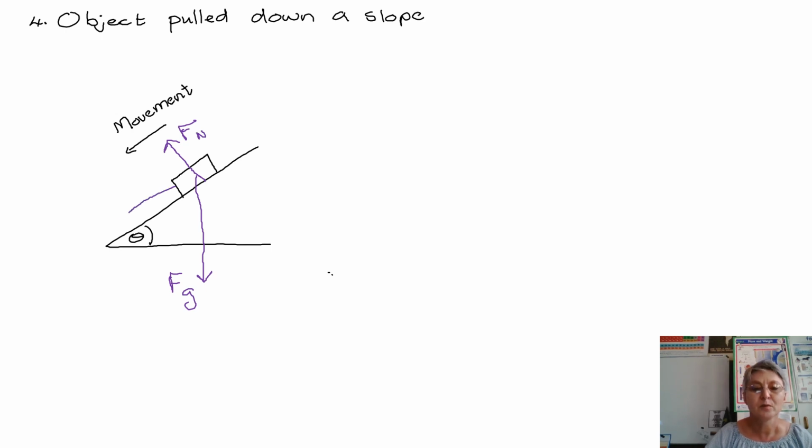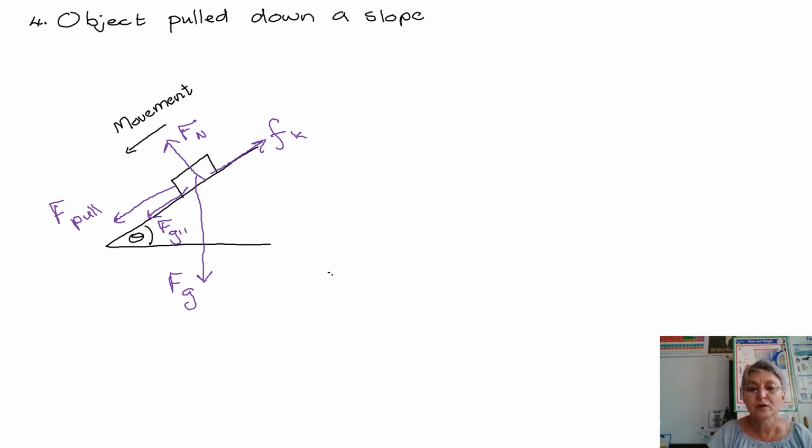Now it's being pulled down the slope, F pull. The friction would be up the slope, it's a kinetic friction, and the component of the weight that is parallel to the slope will be in the same direction as the pulling force.